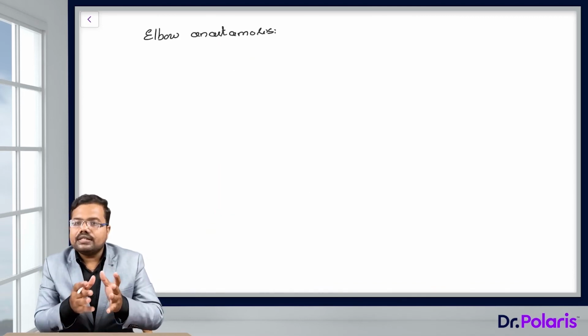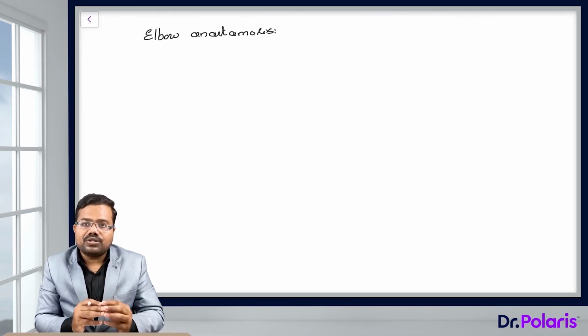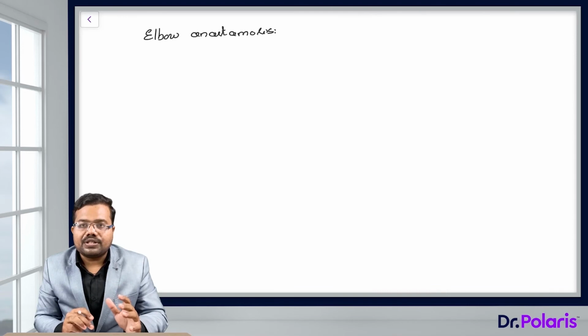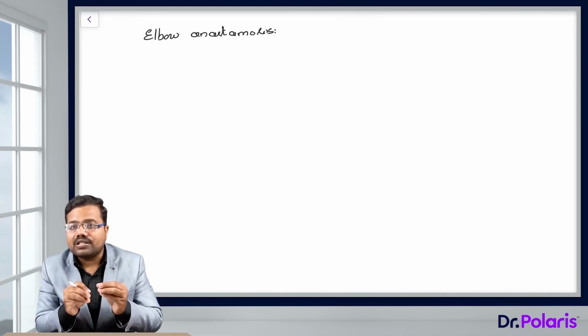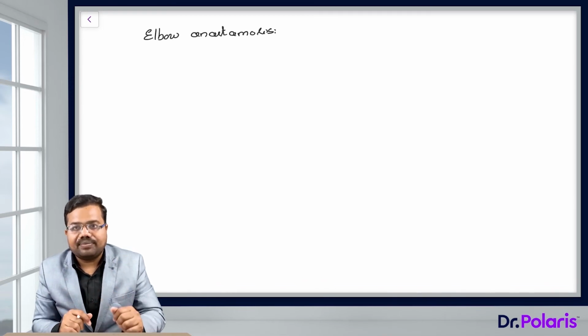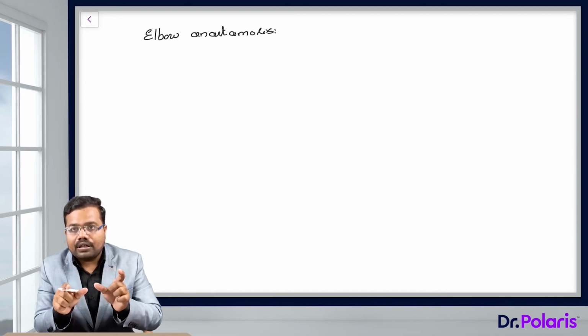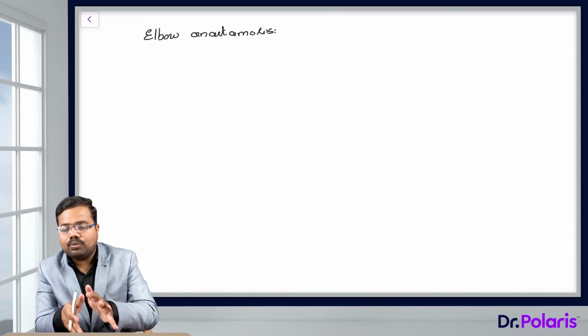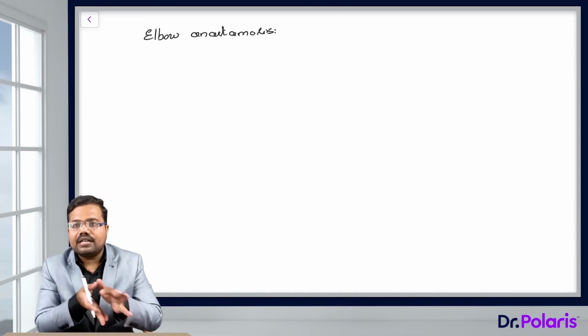So we had discussed the brachial artery, what its branches are, the radial artery, what its branches are, and the ulnar artery, what its branches are. How these three arteries' branches are involved in an anastomosis around the elbow, that is called the elbow anastomosis. Let's see. Actually, I'm not drawing anatomical diagrams, but for your convenience, I'm separating the branches on the anterior and posterior side.